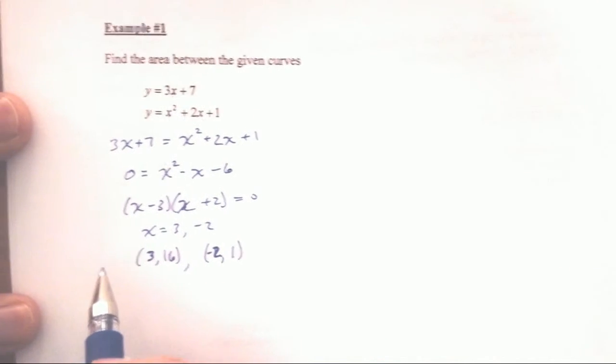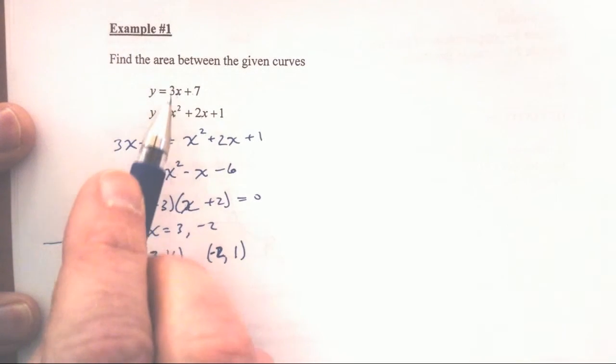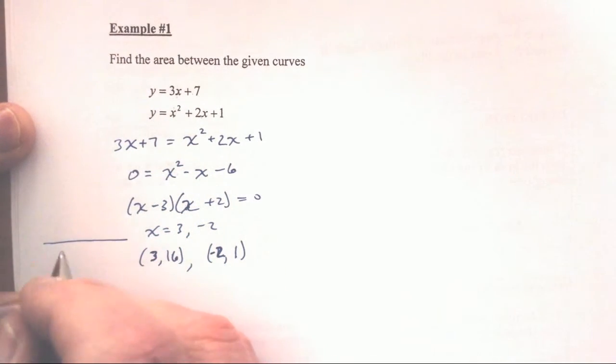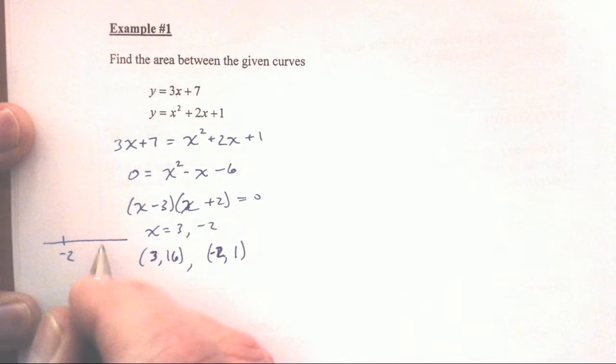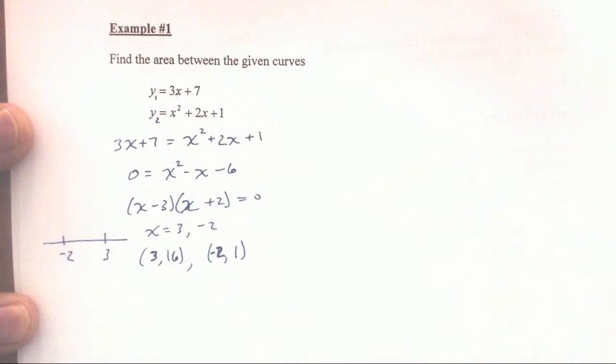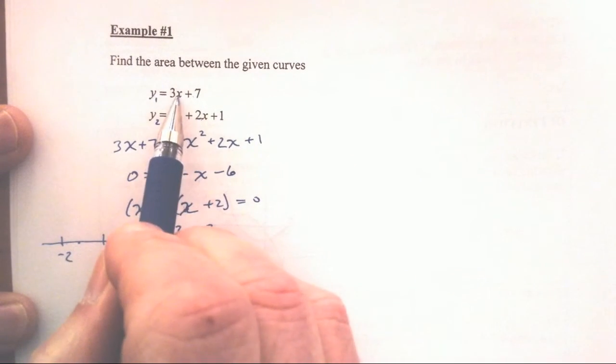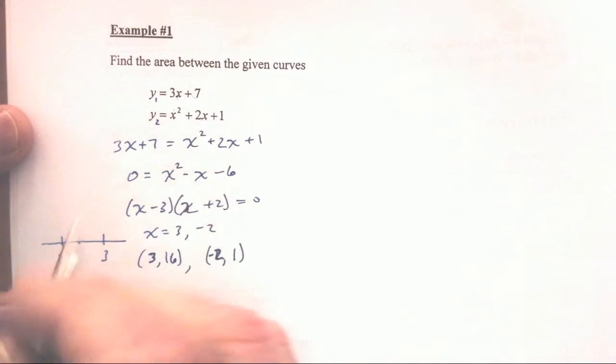What we might do at this point is find out which of these functions is the top function. So I'm going to go from negative 2 to 3. I might call these y1 and y2. Since 0 is right in here, between the intersections at negative 2 and 3, if I put in 0, I get 7 for one and 1 for the other.